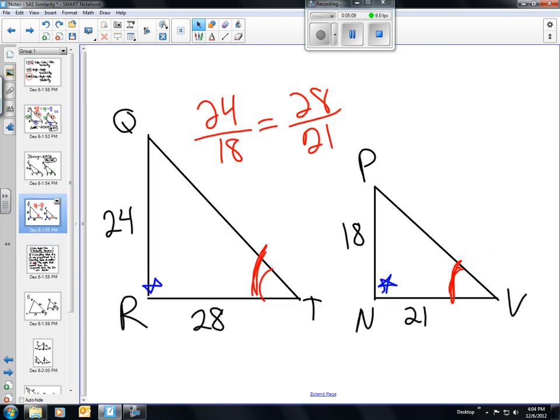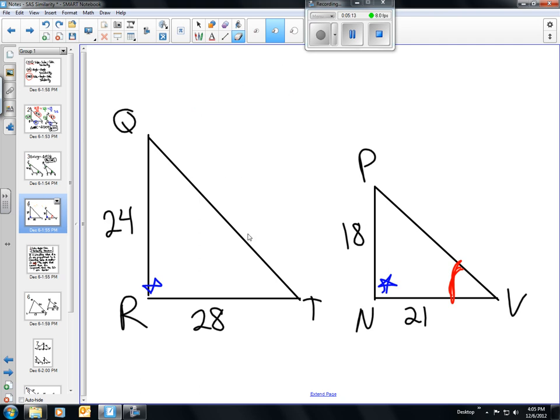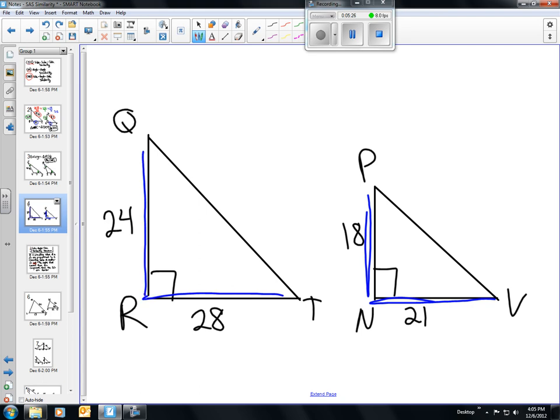So let's look at that last example here, what that means in context. In order to use that similarity theorem, you have to have two sides connecting at an angle that is congruent on both triangles. So the angle that's congruent in both triangles is the green angle here, or the 90-degree angle. And the two sides have to connect in that place in both triangles to use this theorem.